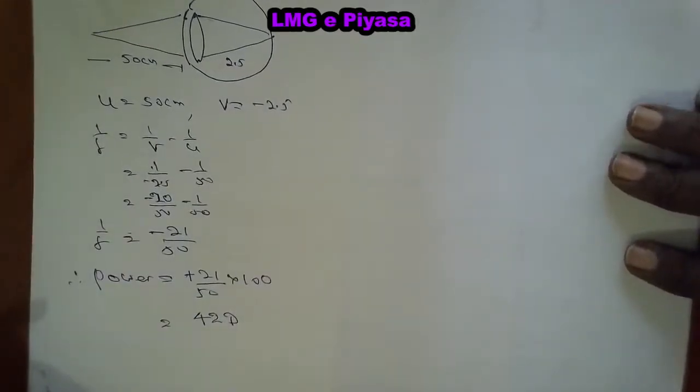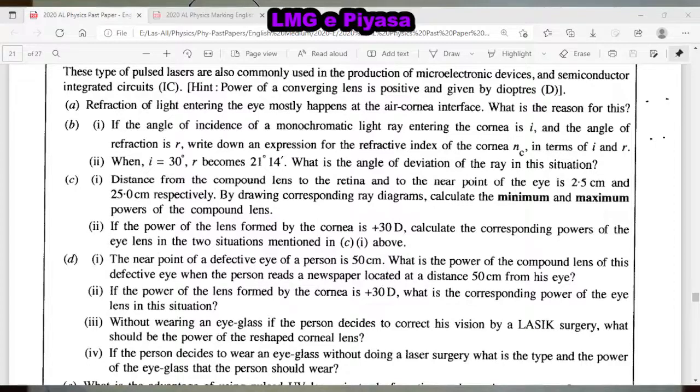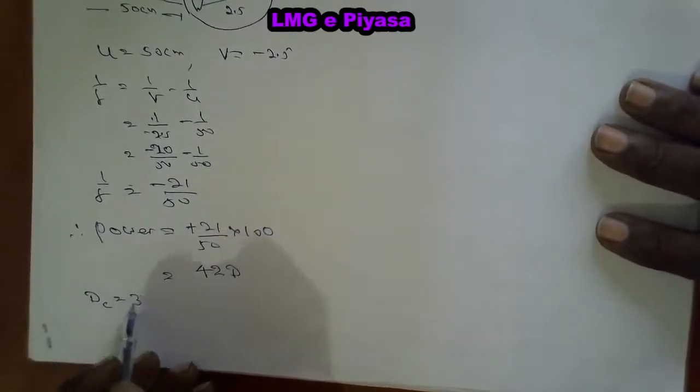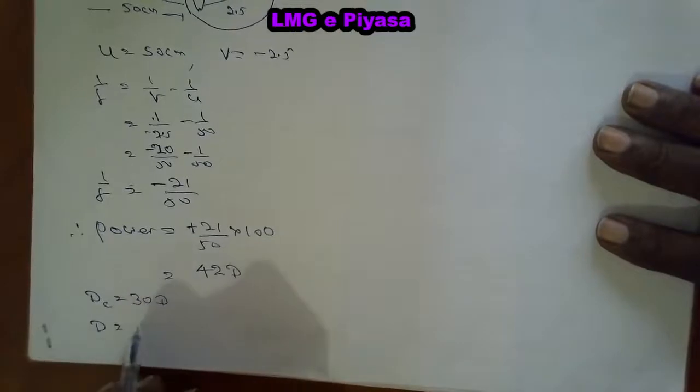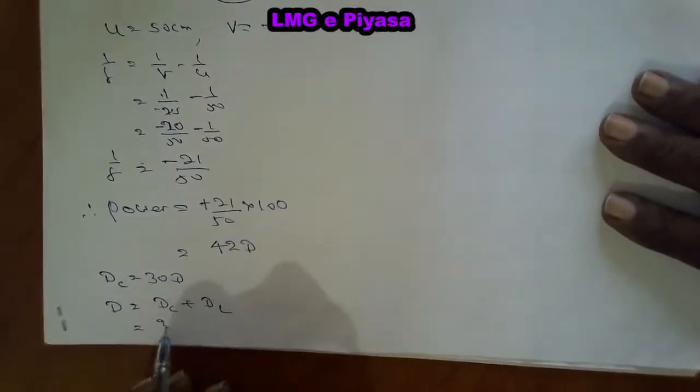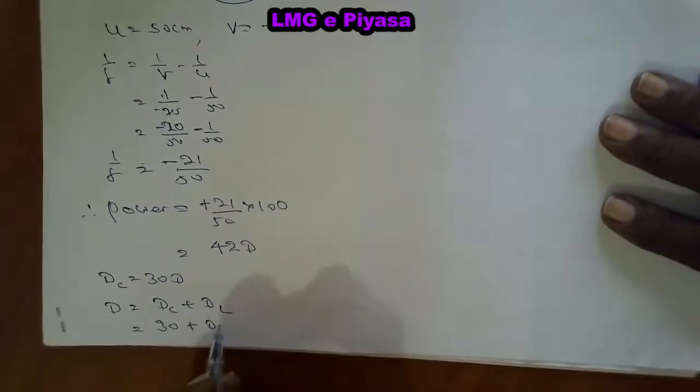42 diopters. If the power of the lens formed by the cornea is 30 diopters, what is the corresponding power of the eye lens in this situation? The power of the cornea is D_C equals 30 diopters, but D equals D_C plus D_L, right?